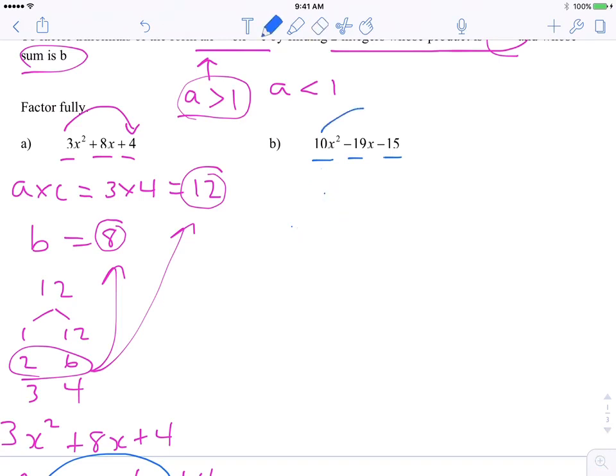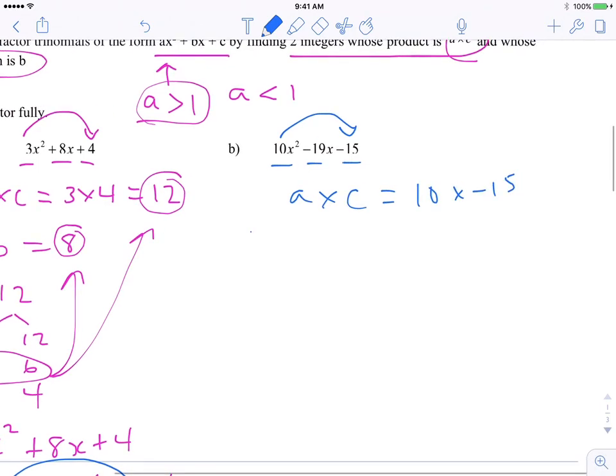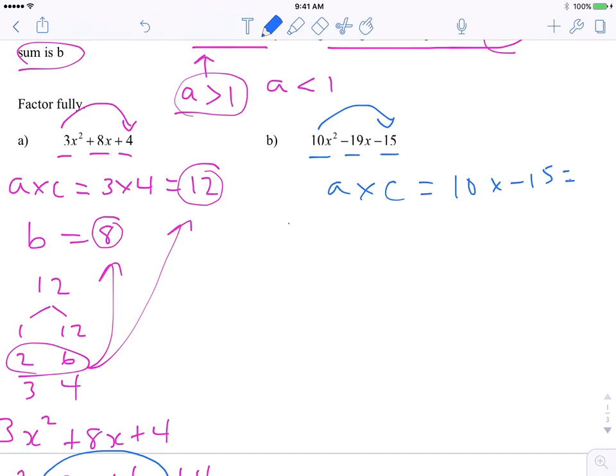What we're going to do is multiply 10 times negative 15, which is a times c. I should put that in here for you just as an example. So a times c is equal to 10 times negative 15, which is equal to negative 150. So we're looking for numbers that multiply to negative 150, and b is equal to negative 19.